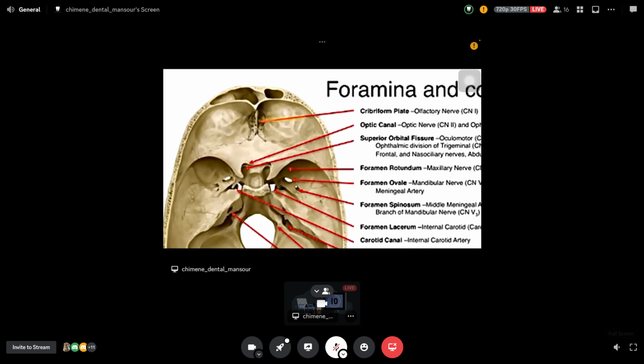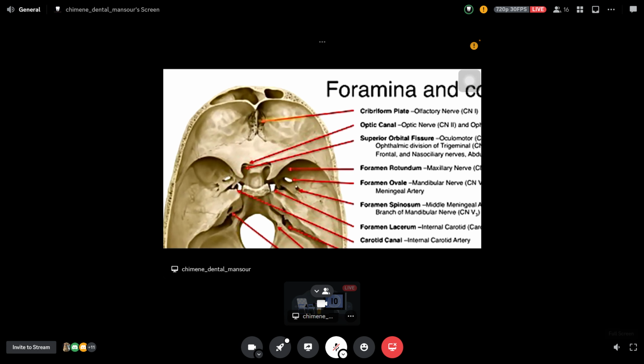Also, I forgot to tell you about the occipital condyle in here. You can see the cartilaginous tissue for the articulation of the atlas to the head.